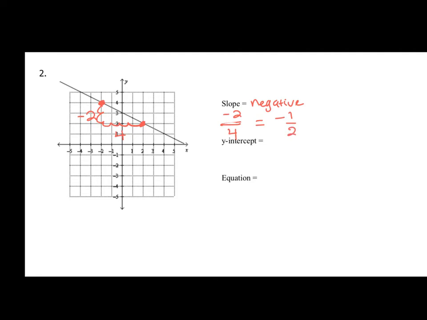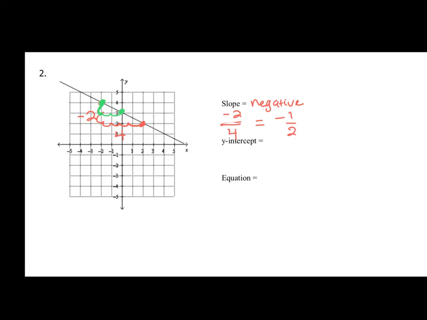Now, the reason that the slope is -1/2, so let's go back to this first point I picked. It says that I'm going down 1, so let's say I counted down 1, and I counted over 2, 1, 2. Oh, that brings me to another point on my graph.